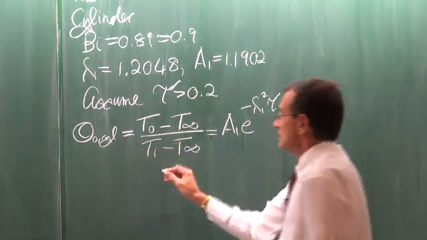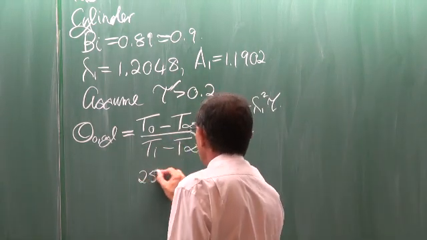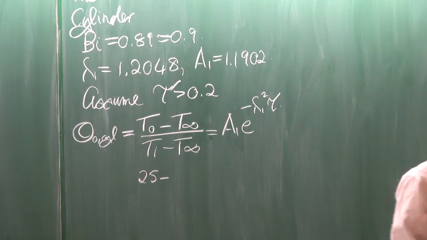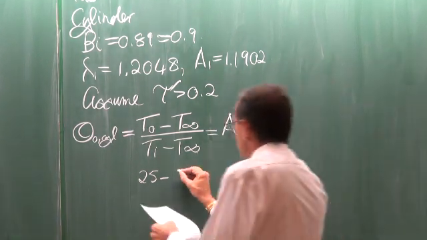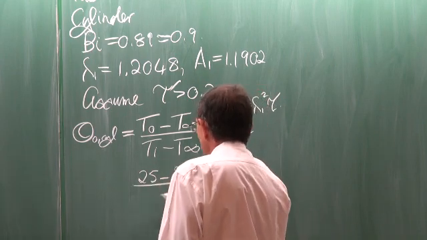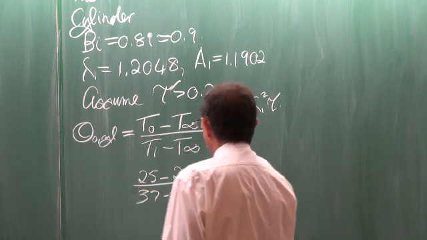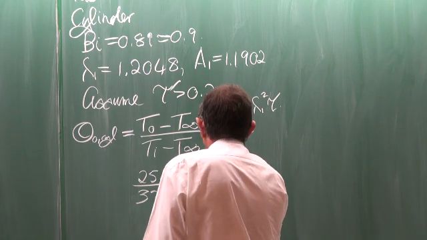So again, T0 is the temperature at the center, which is 25 degrees Celsius. That is where it was measured. The environment temperature is 20. The initial temperature of the body is 37.